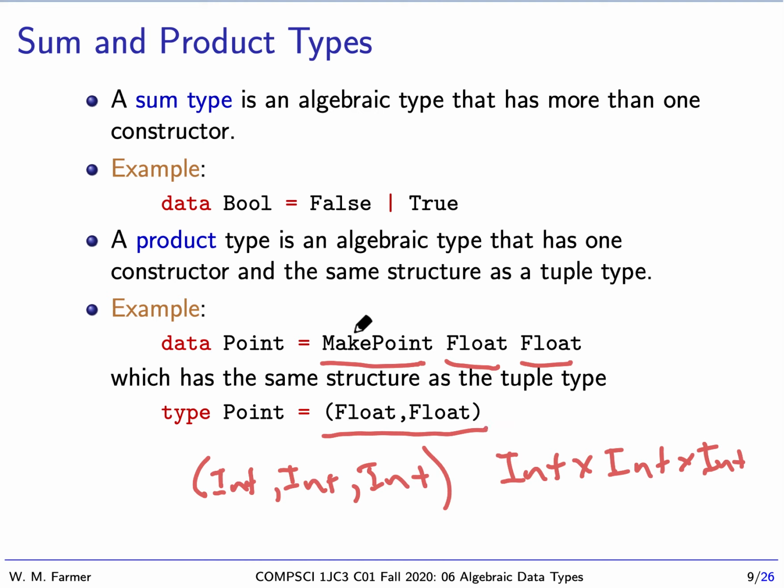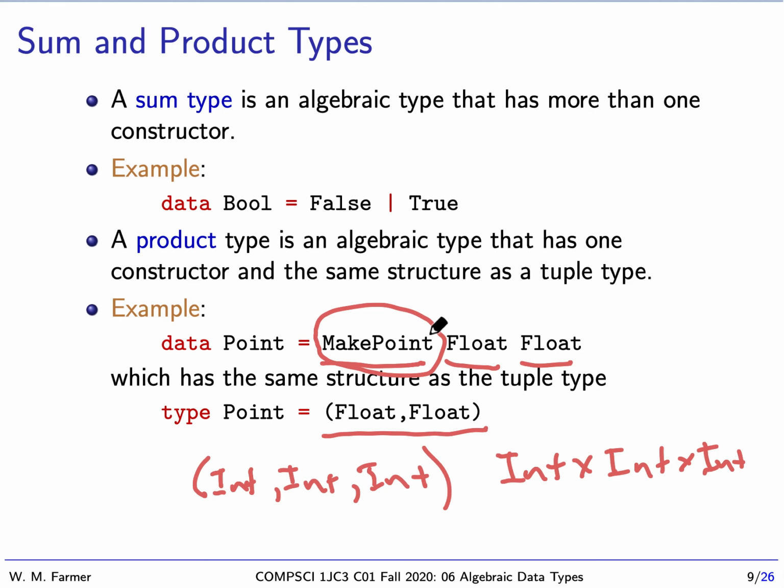So you may say, well, why do we need this product type? Well, you don't really need it. You could use just this tuple type, this type of ordered pairs, Float and Float. But notice here that we can name our constructor. That can be convenient.